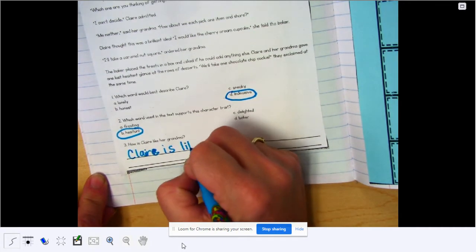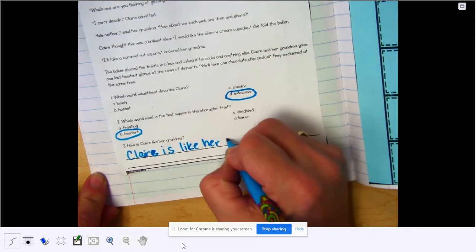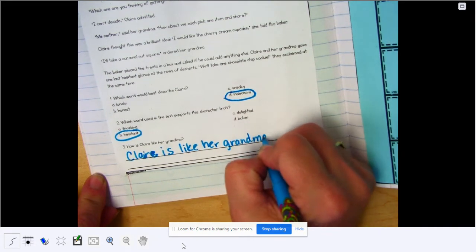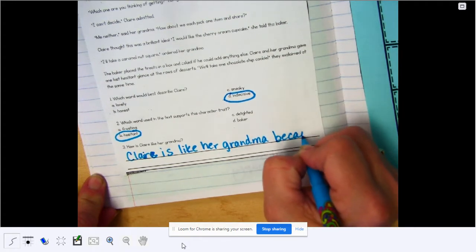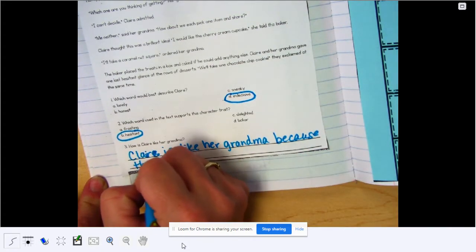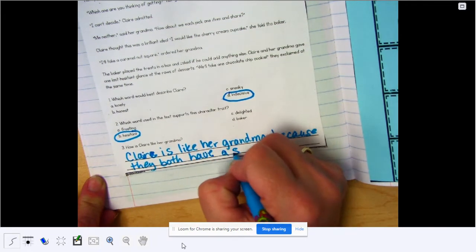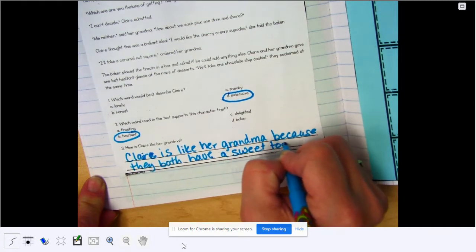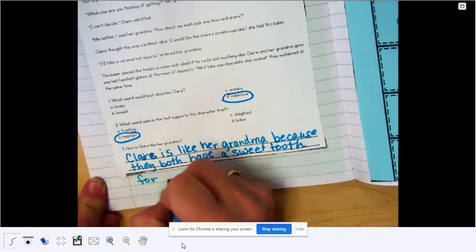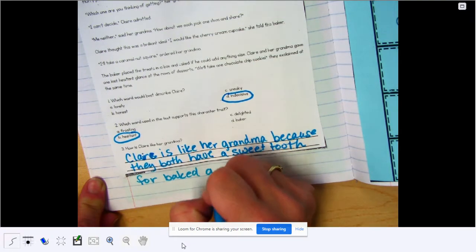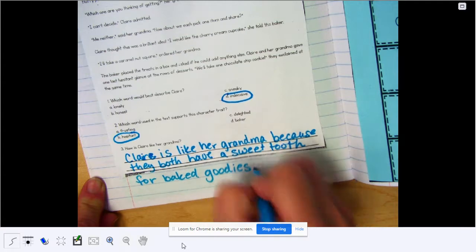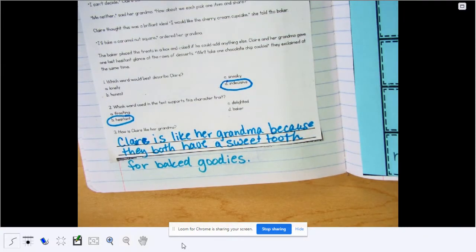Claire is like her grandma because they both have a sweet tooth for baked goodies. All right, that's my answer. You can write however you would like to. Claire is like her grandma because they both have a sweet tooth for baked goodies. They both love those kinds of things.